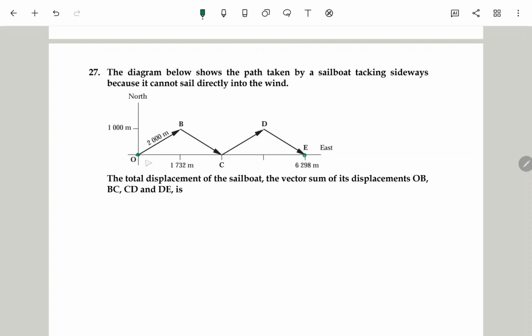So this is the displacement, which is equal to 6298, directed this way, let's say east.